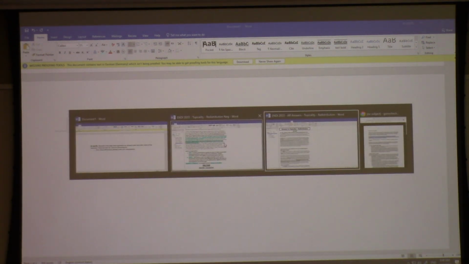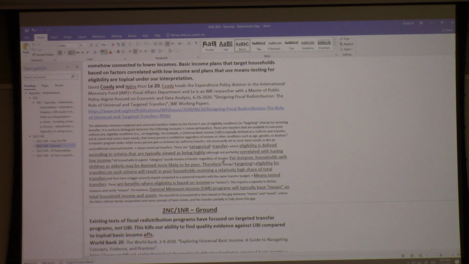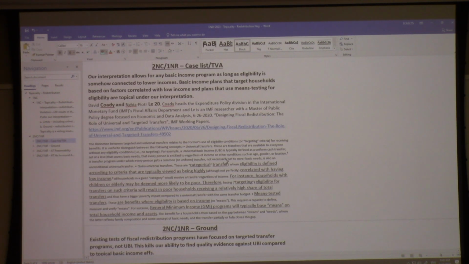And if you go to our specific topicality violation, we'll see that a case list is included. So any basic income program, as long as eligibility is somehow connected to lower incomes. So this is like from the topic lecture, what we talked about as means testing. Our interpretation of the resolution is that as long as the basic income is focused on lower income people, that it is allowed under our interpretation of the resolution.